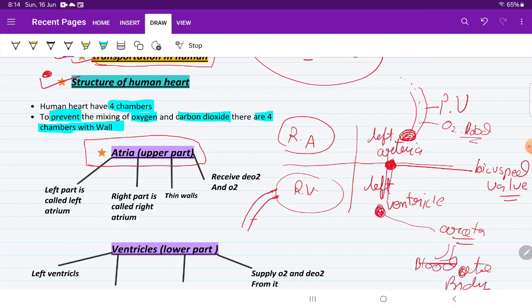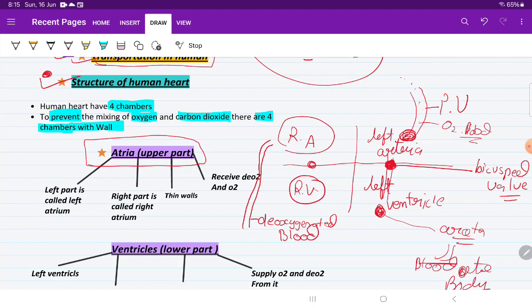The deoxygenated blood comes into it. As I have told, first of all the blood will go into the right atrium.